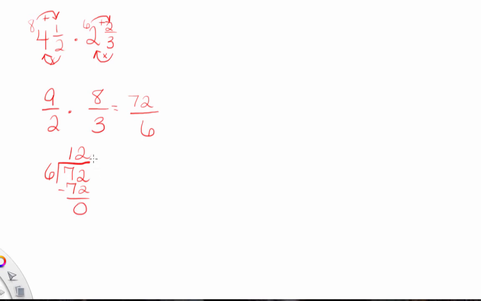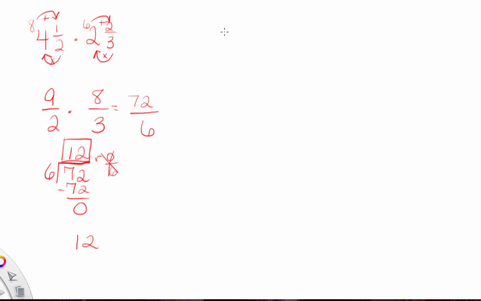And there's no remainder. Since there's no remainder here, that's the 0/6. I don't need that at all. It's a whole number. It's just 12. So 72/6 is just 12. So that means there are 12 million cubic yards of concrete in the Grand Coulee Dam.